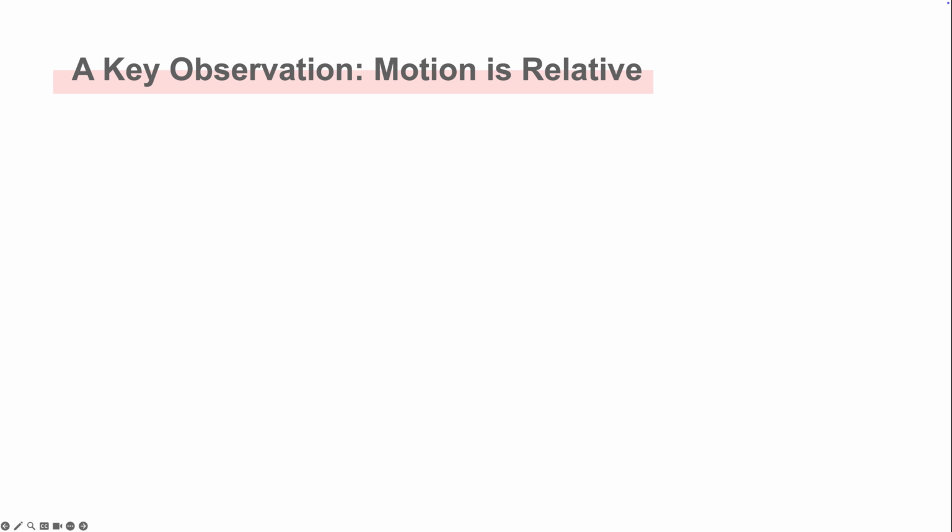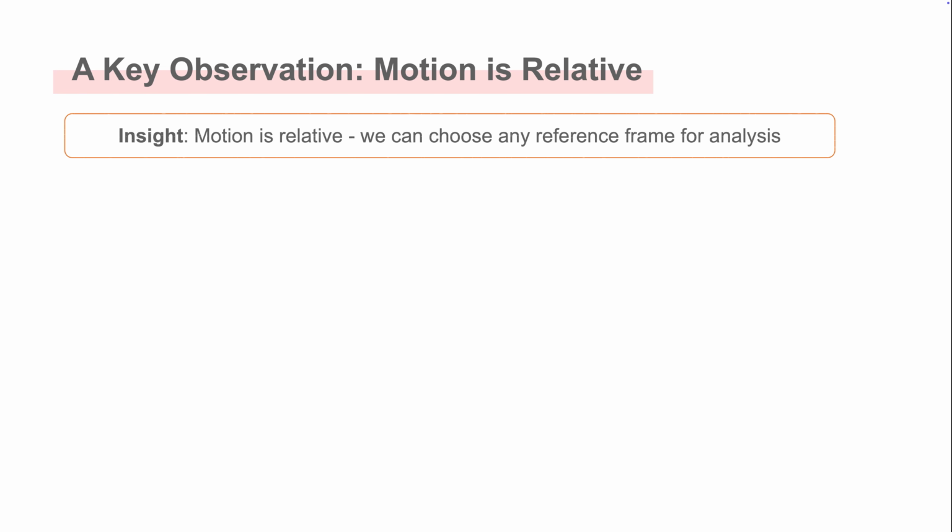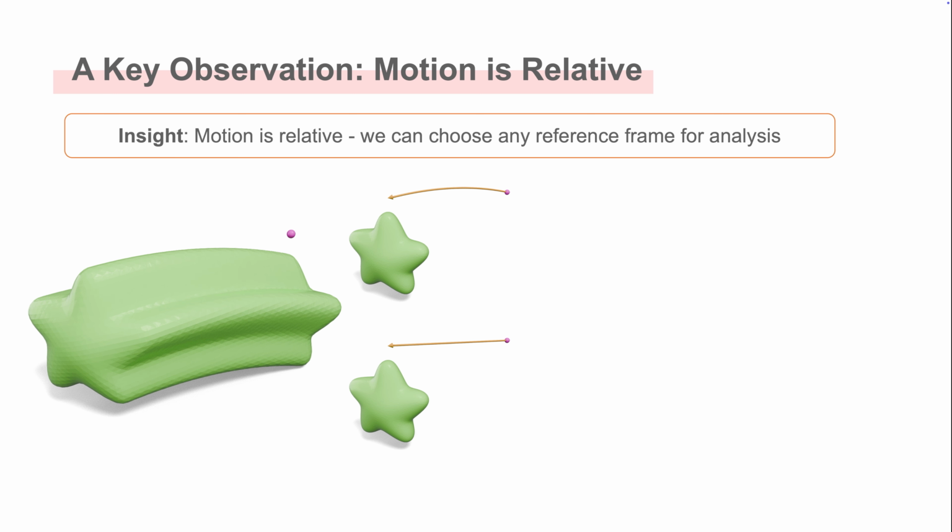Our key insight comes from a simple observation. Motion is relative. We can analyze the same motion from any reference frame. Traditionally, we fix our coordinate system in space and track how the object moves through it. But we can invert this perspective. Instead of tracking a moving object, we can fix the object in place and ask, how do spatial points move relative to it?